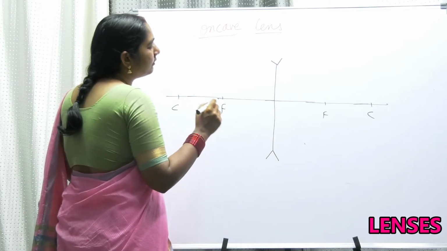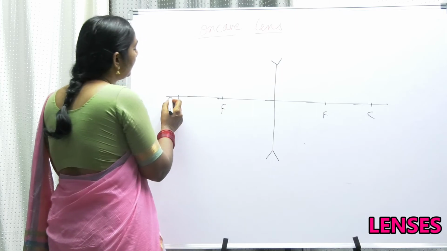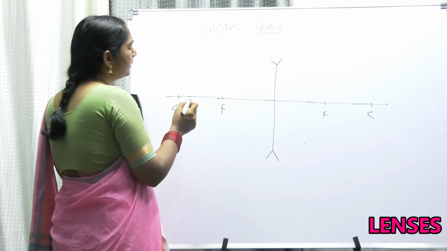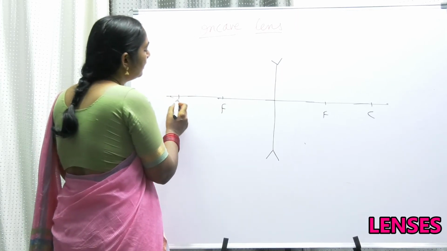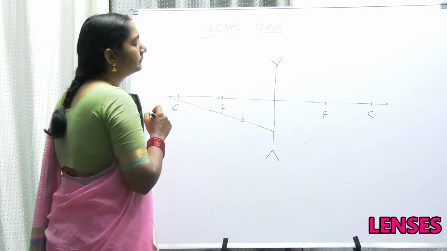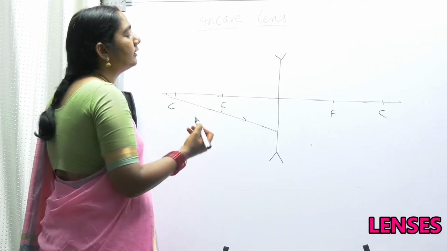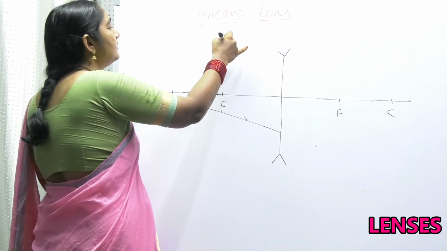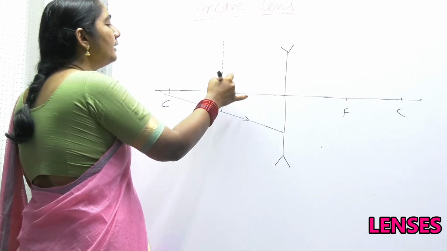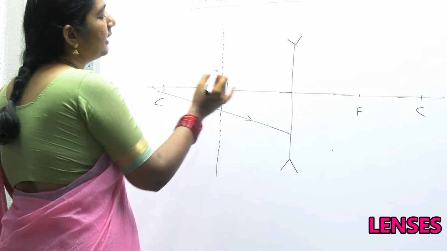Now let us see. For example, you are taking a point source here, and a ray is passing like that. After refraction, how much bending must be given? Please see that you are dropping a perpendicular at F. This is a perpendicular, 90 degrees.